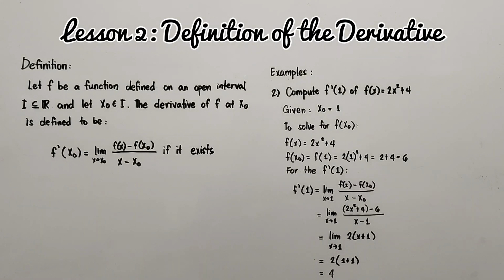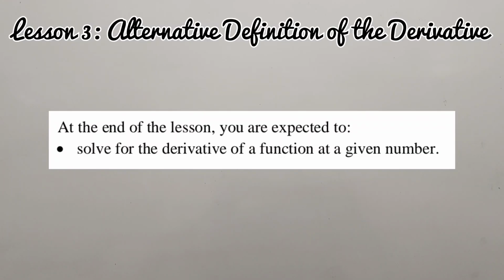There is another method to get the derivative of the function at a certain number x, and that is the alternative definition of the derivative. In this lesson, we will solve for the derivative of a function at a given number using the alternative definition of the derivative.